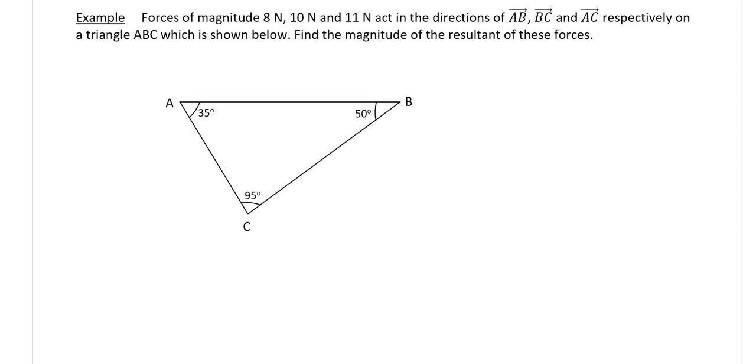Our last example for this video says forces of magnitude 8 newtons, 10 newtons and 11 newtons act in the direction of A to B, B to C and A to C respectively on the triangle ABC, which is shown below. Find the magnitude and the resultant of these forces. So 8 newtons acts in the direction of A to B, going along here.